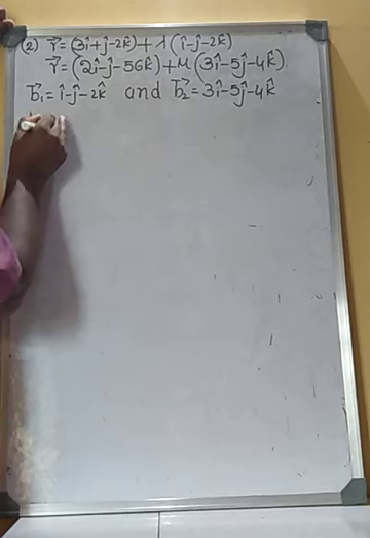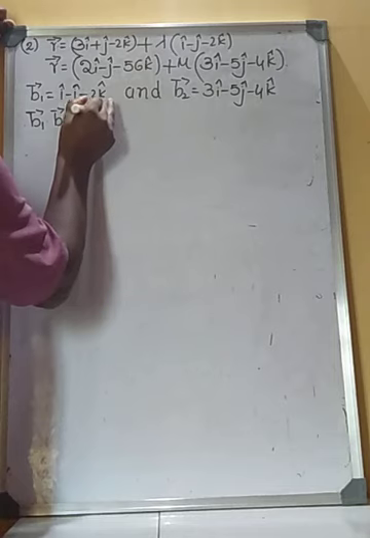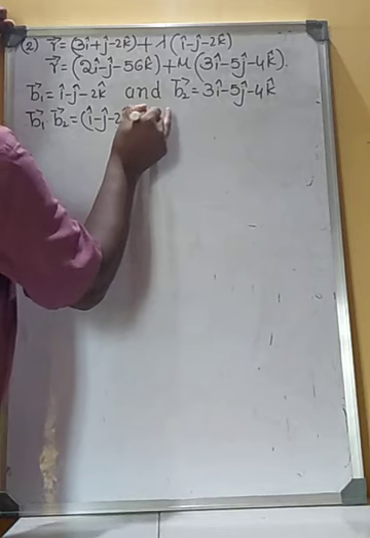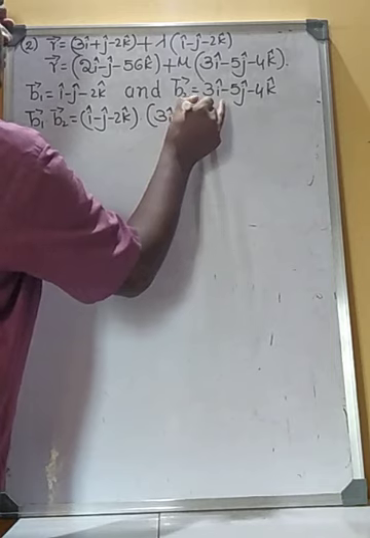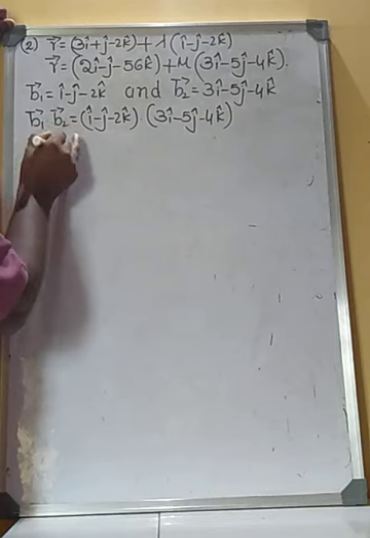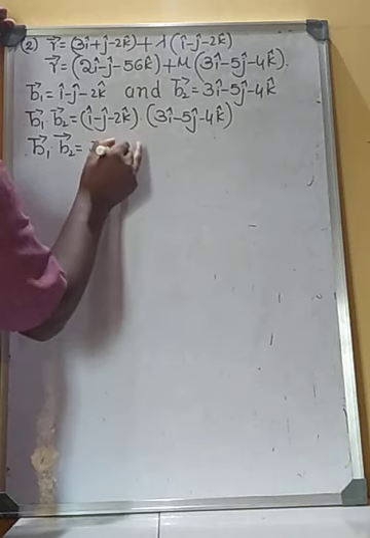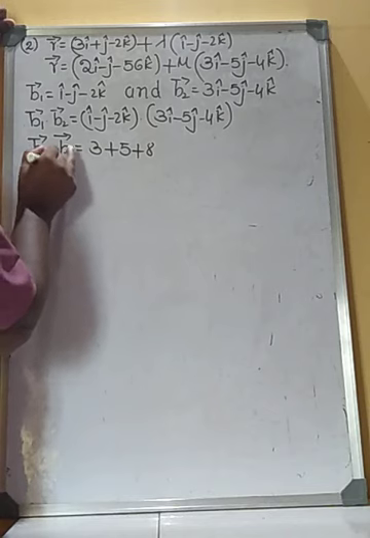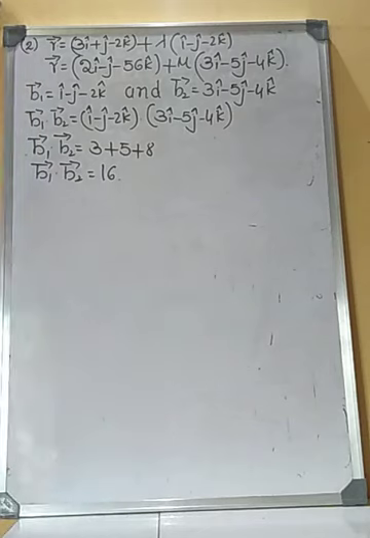Now find b1 vector dot b2 vector, which is i minus j minus 2k dot 3i minus 5j minus 4k. Therefore, b1 vector dot b2 vector is equal to 3 plus 5 plus 8, which is 16.